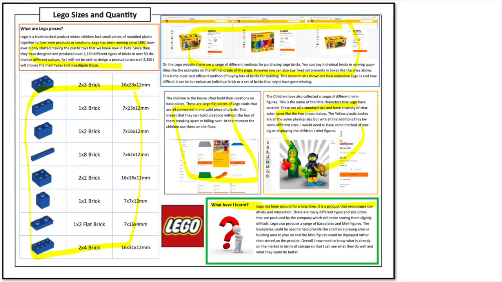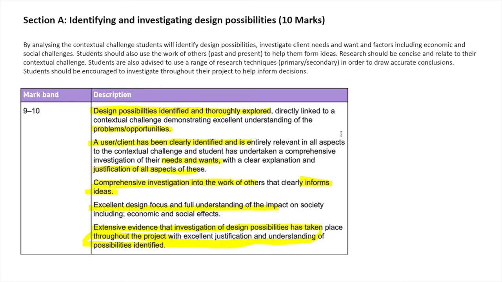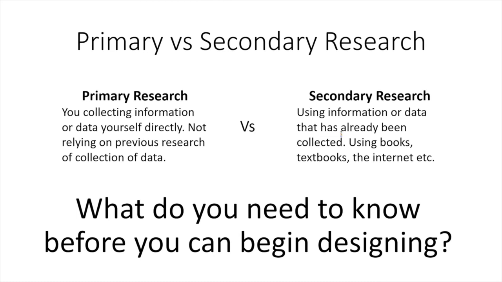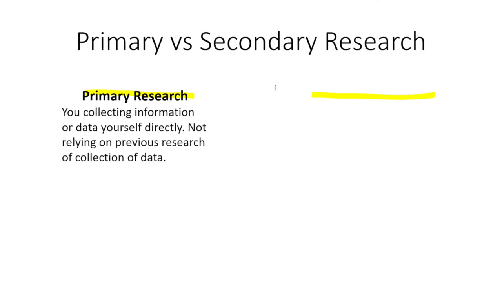What you've got here is different types of research that tick off that mark scheme as best as possible for section A. Now, it's really important that you focus on the mark scheme. It's really important that you do both primary research and secondary research throughout your project. It can't just be in this first section. It's got to be throughout the project.